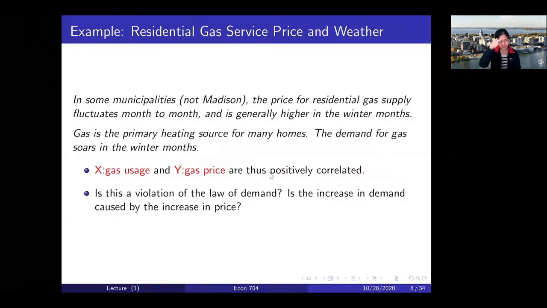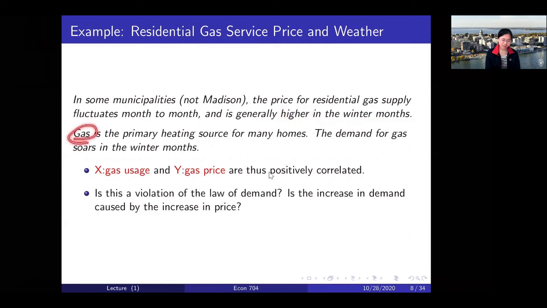And just to make this a little bit even more confusing, consider another example. In some municipalities, in some cities, the price for residential gas supply changes month to month, and it's generally higher in the winter months.